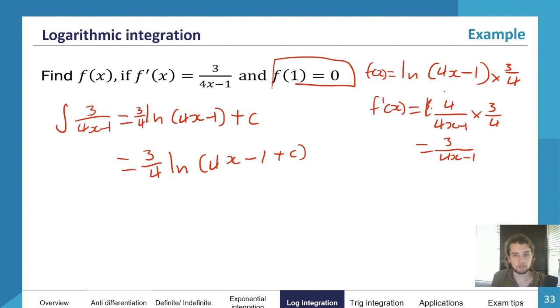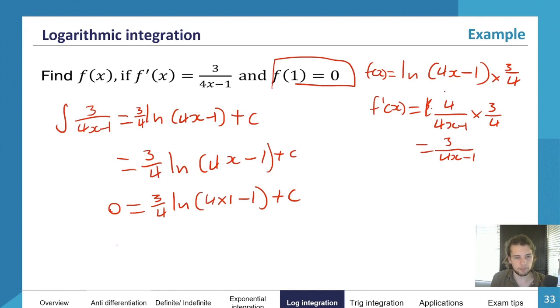When we substitute 1 into all values of x, then we know that the result is 0. So we can say 0 is equal to 3 over 4 ln(4 times 1 minus 1) plus c.